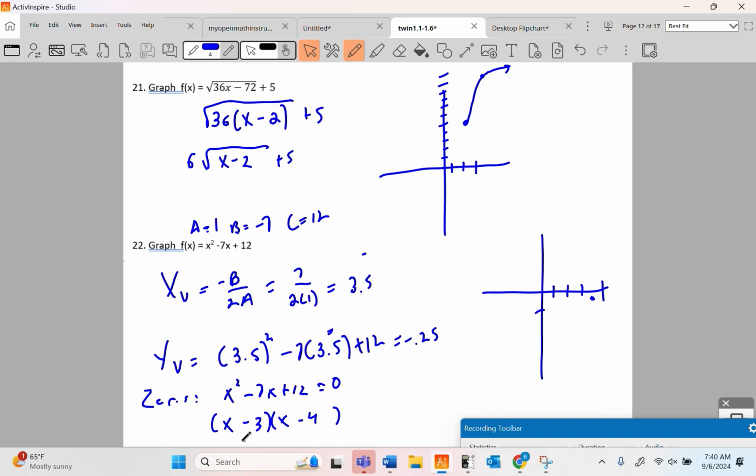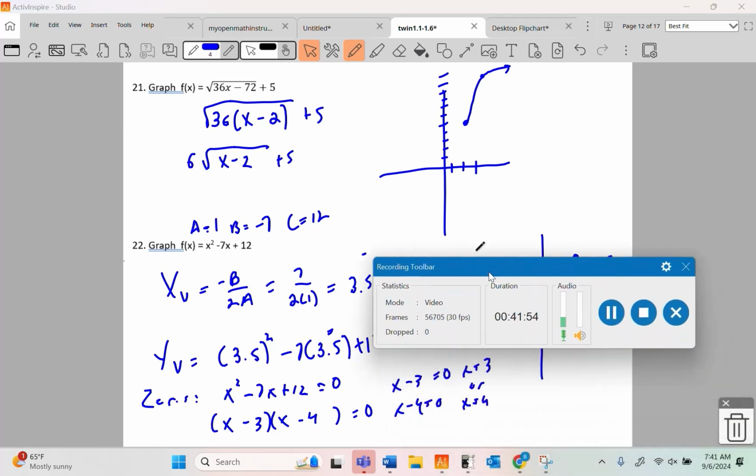So I have zeros. Remember, zero product property. X minus 3 is 0. X minus 4 is 0. X is going to be 3 or X is going to be 4. I have a 0 there and a 0 there. Ta-da! Graph the parabola. And that is the twin for your next test.